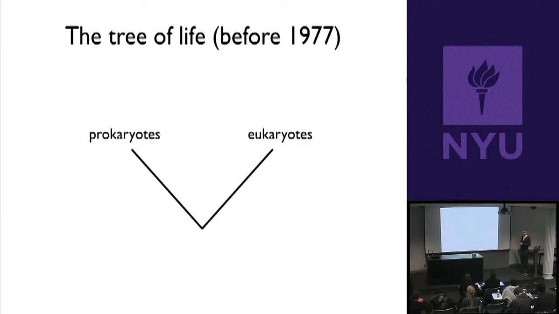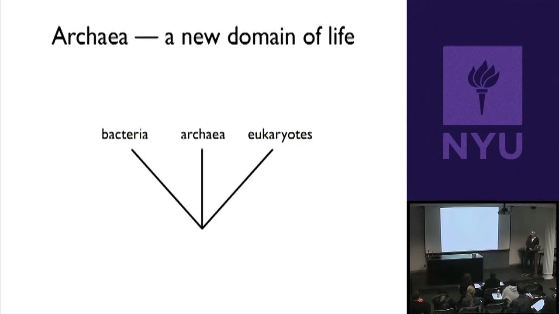Okay? And this was the way life was broken down for many, many years until 1977, when it was discovered that there's a whole other branch of life. This other branch of life is what's now called Archaea. These are some of the weirdos that I introduced you to last time.